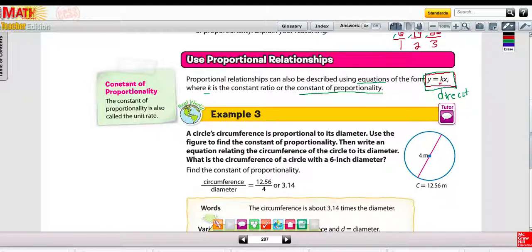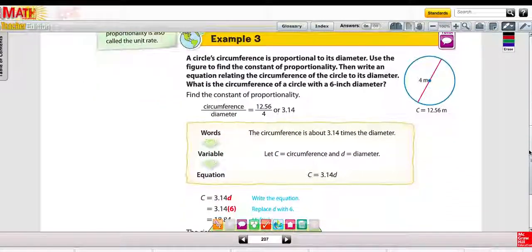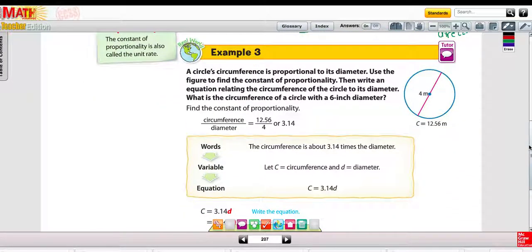If we're looking at example 3 below, we start with what we know, and that is the formula. In this case, this is the same thing as y equals kx. All we did was change the y to a c and the x to a d. The diameter, the x value, is independent, and the circumference, the y value, depends on whatever the diameter is.